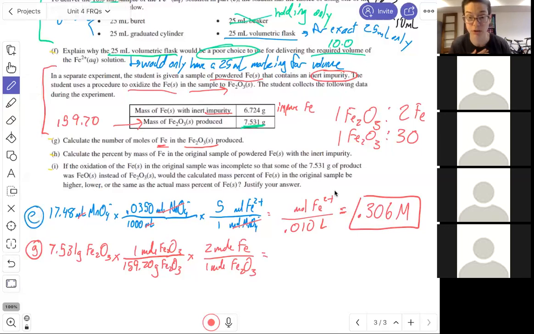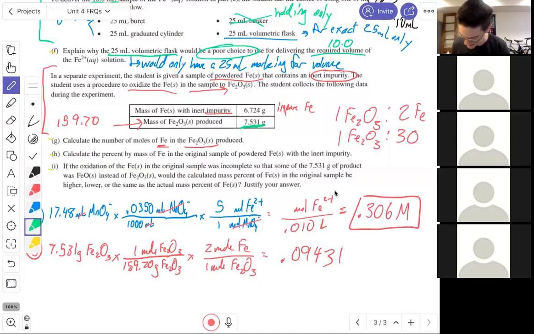So to 4 sig figs, what do we get? 0.09431. Don't forget that 0, it's a placeholder. Yes. Okay, so that's G.